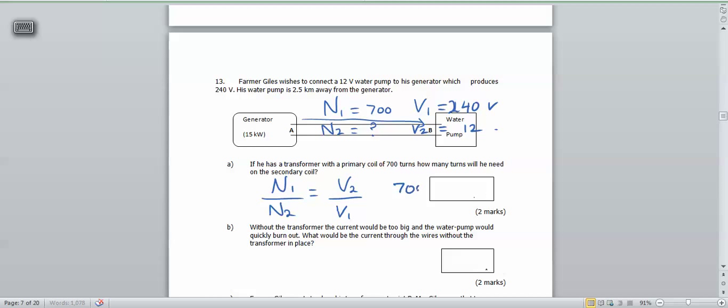So we've got 700 over N2 is equal to V1 over V2, 240 over 12.